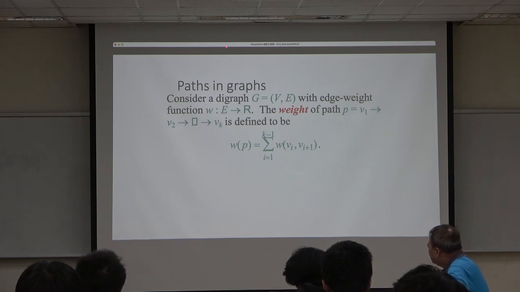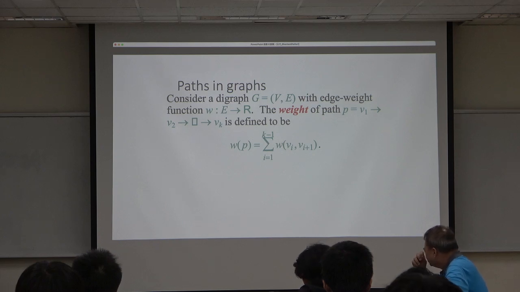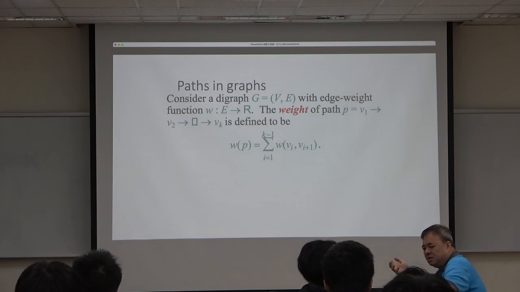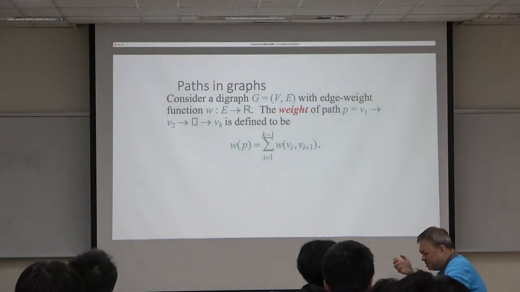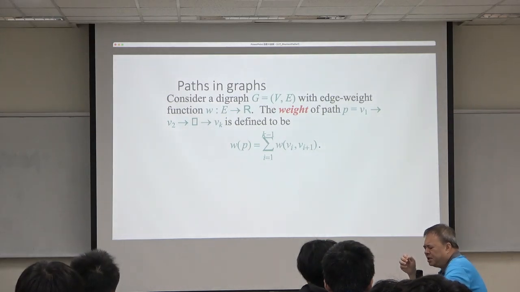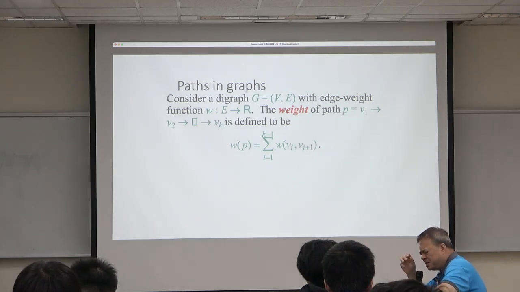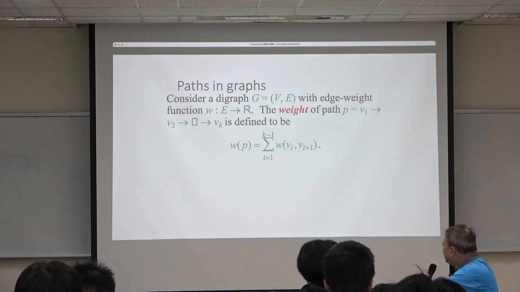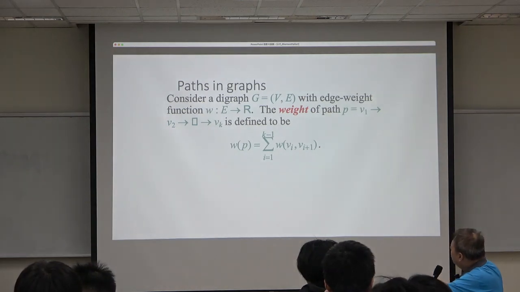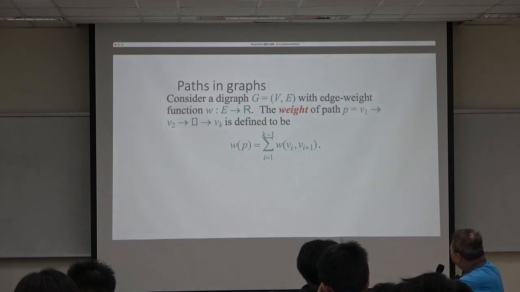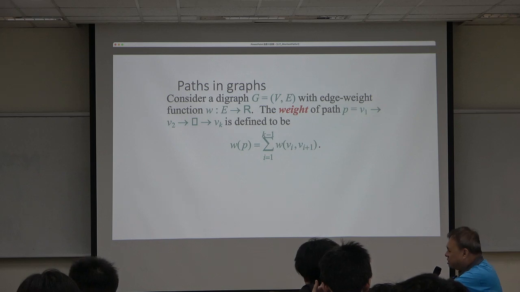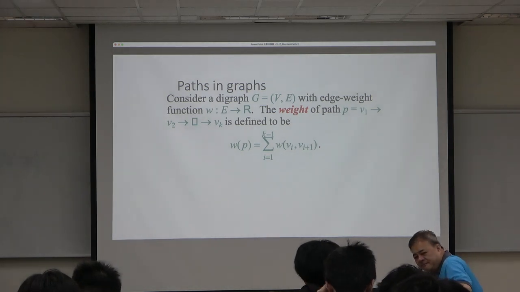Given a directed graph, it could be a directed graph or an undirected graph, but the problem is essentially the same. Obviously, a directed graph is a little bit more difficult than an undirected graph, but it's similar. So you are given this graph with an edge weight function, so each edge is associated with a weight.